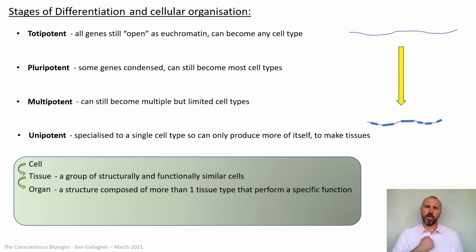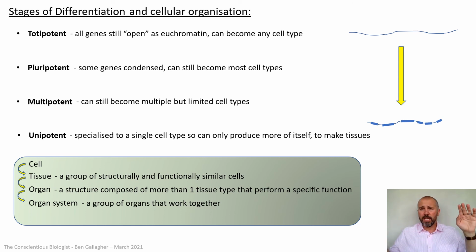Think about your heart as an organ. It's got muscle tissue, it's got connective fibers, it's got epithelium, it's got lots of different tissue types, all working together to make your heart beat. So it's a collection of tissues in one structure, all serving a similar purpose. An organ might be part of an organ system, which is a group of organs that work together, like all the organs of your digestive system, respiratory system, circulatory system, renal system, reproductive system, whatever.